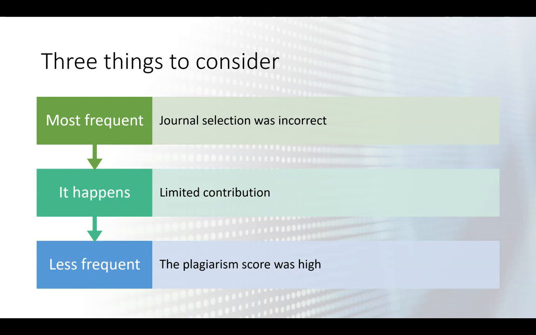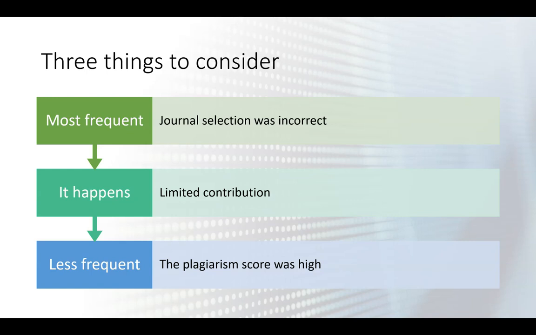The less frequent one that can happen, I need to mention here, is the plagiarism score. Always check it, because one or two times I was very confident and just went through with the submission without checking the score.